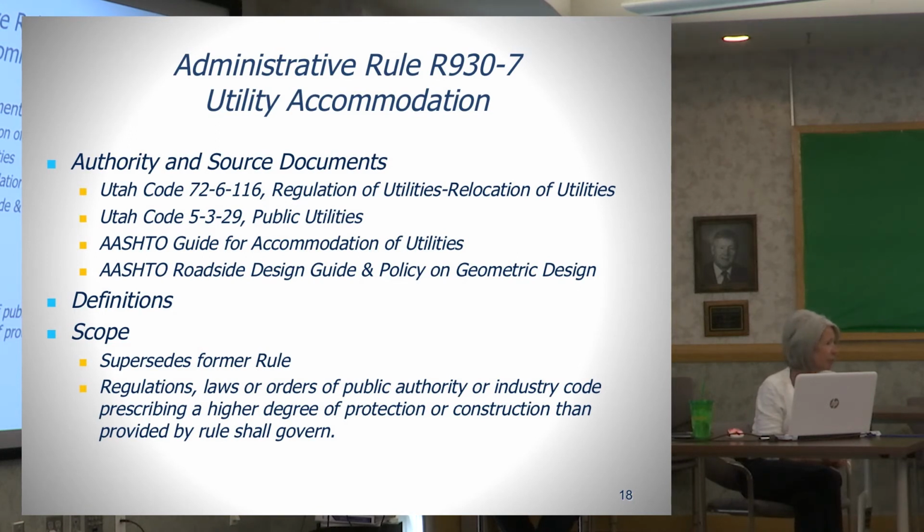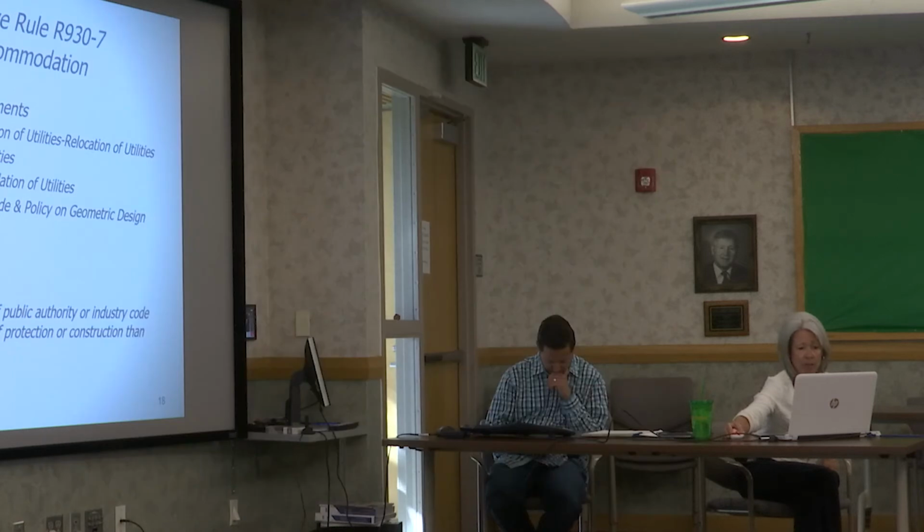It supersedes the former rule and also stipulates that if industry or any other regulations have stricter requirements for the utility placements than the rule does, the stricter rule would apply. So if NESC, for example, has a vertical clearance requirement, or if a pipeline industry has a separation or depth of bury requirement that exceeds what our rule requires, the higher standard applies.